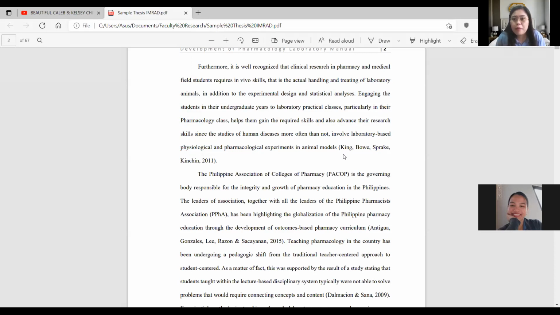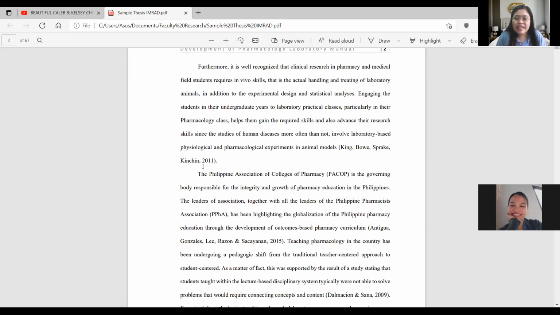Pero take note, pag moingon kag parenthetical citation, ang atong kailangan lang kay ang ilahang surname. So, surname lang na siya. We have here 4 authors. King, Bo, I don't know how to really pronounce his or her surname. And then we have Sprague, Kinchin, and take note, we need the year of the publication.